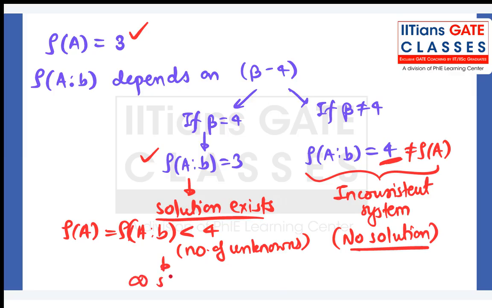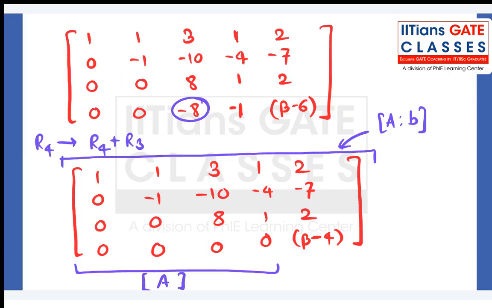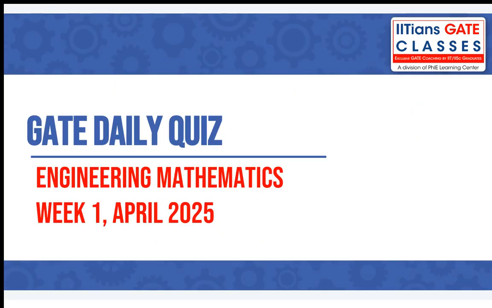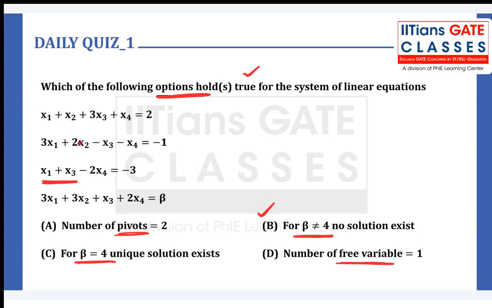Okay, because you will have one variable always free in this case. So therefore this is the case of infinite solutions, and therefore there is no unique solution. Okay, so therefore option C is incorrect because it's an infinite solution.